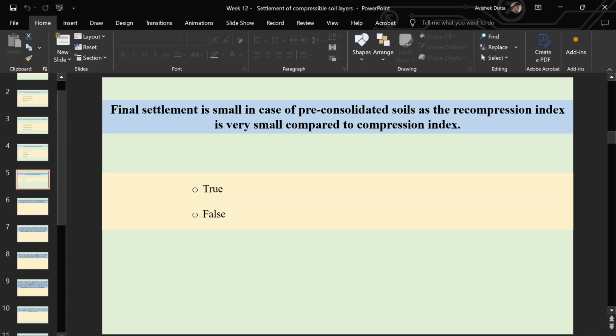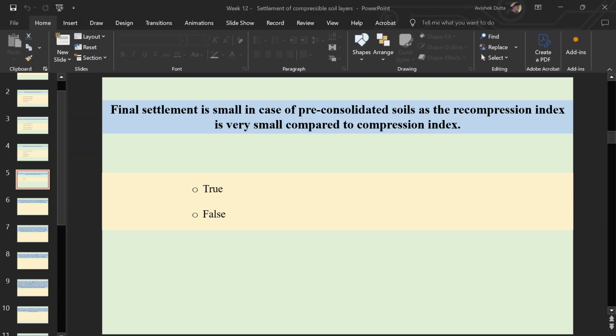I repeat the statement, final settlement is small in case of pre-consolidated soils as the recompression index is very small compared to compression index. Is this statement true or false?